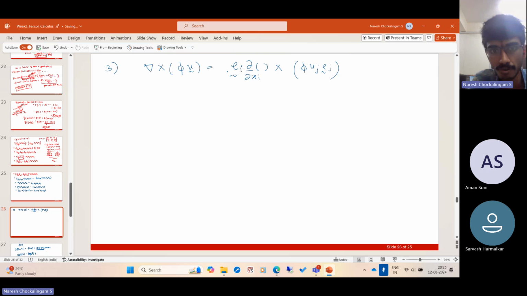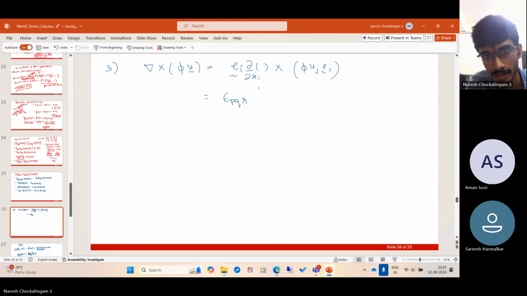So this cross product again you can write as epsilon. I is already used, j is already used, so let us use pqr, ep.